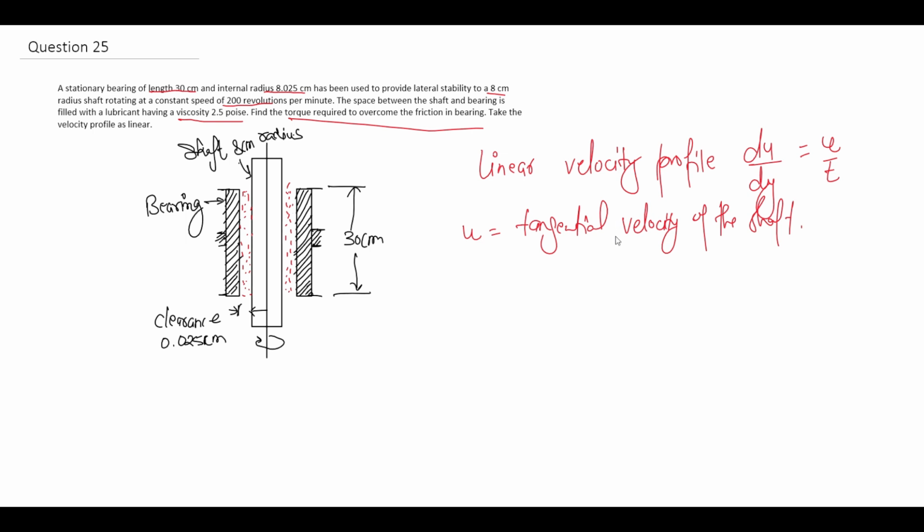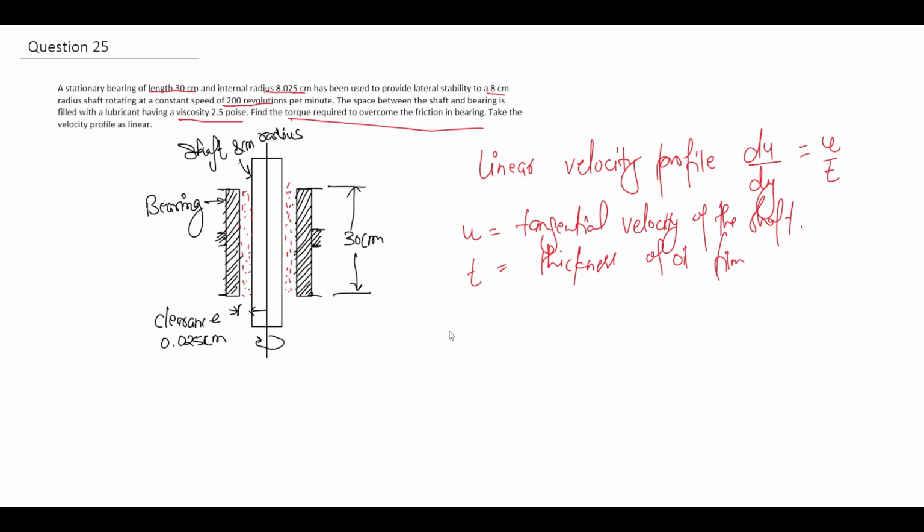Here u is the tangential velocity of the shaft and t is the thickness of the oil film.